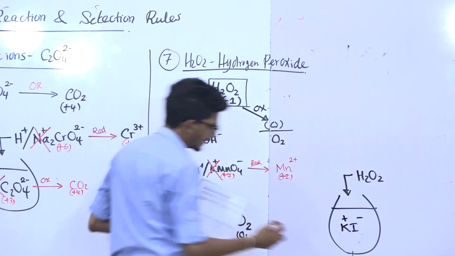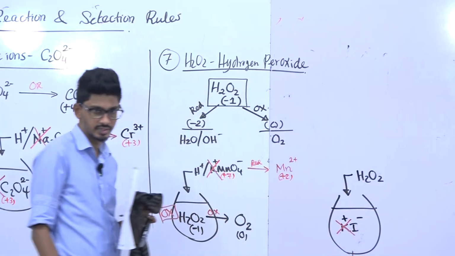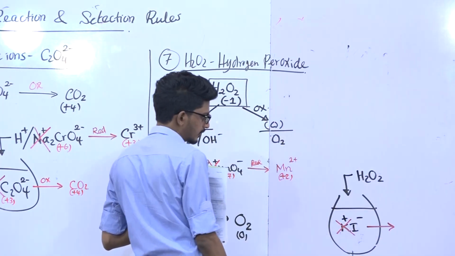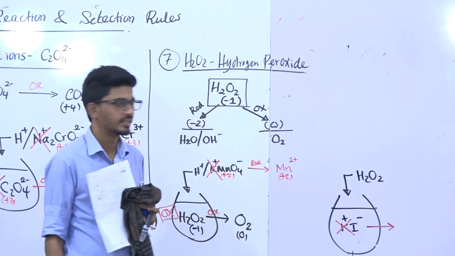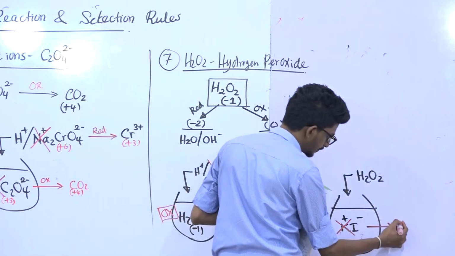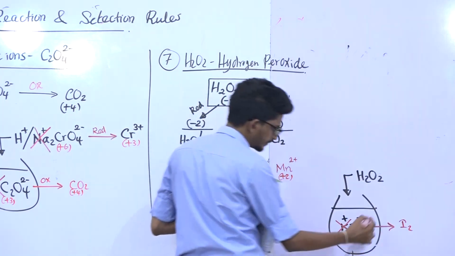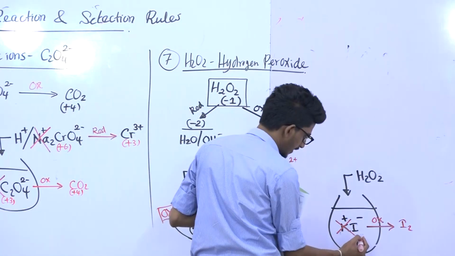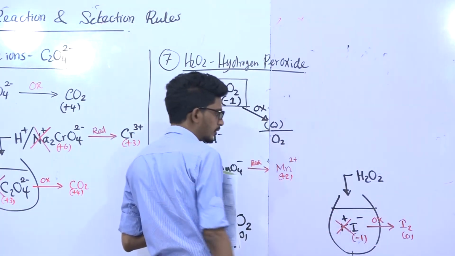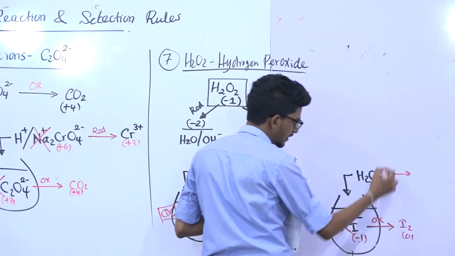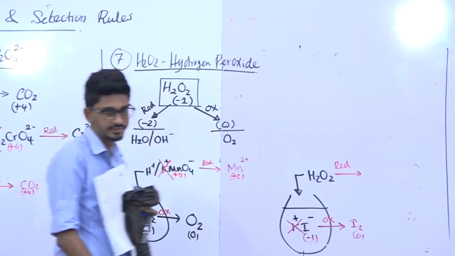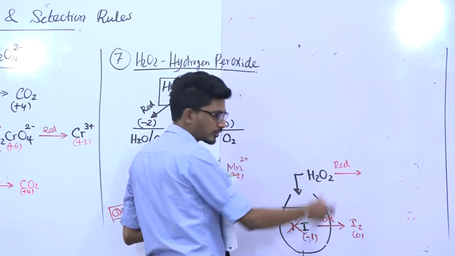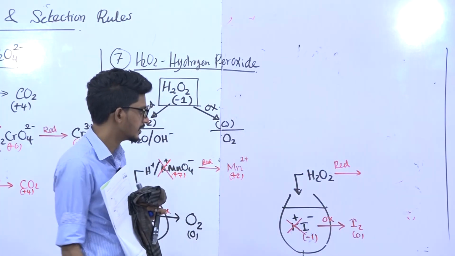The K+ won't be involved in redox processes, so we expect the I- to get oxidized to I2. So this -1 goes to 0. In that situation H2O2 should reduce. Depending on the other species, H2O2 decides what to do, whether to oxidize or to reduce.